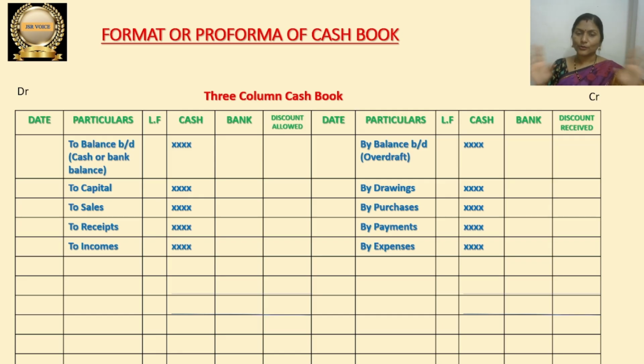So this is the format or pro forma of the cash book. This format we can apply for a single column cash book, 2-column cash book, and 3-column cash book. So whenever you prepare any cash book, this is the format that we are going to use. Hope this is clear.